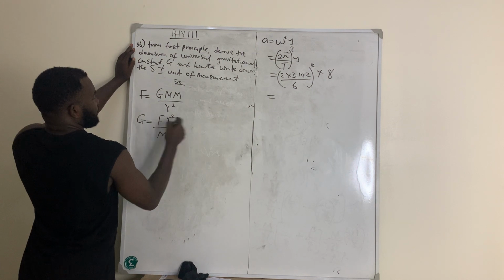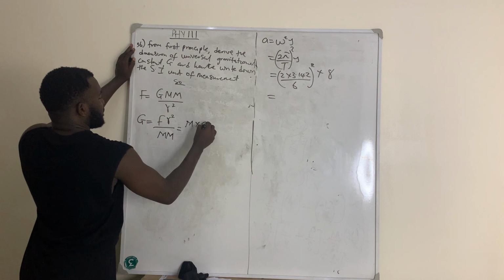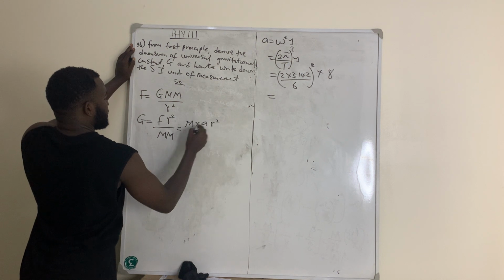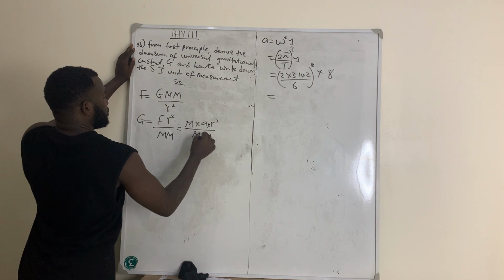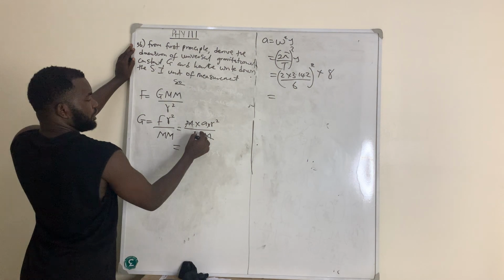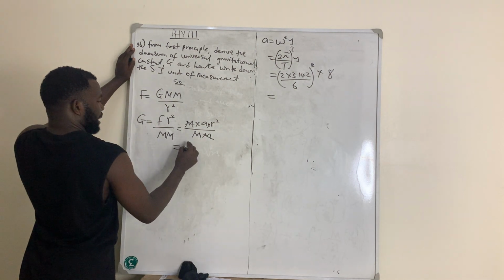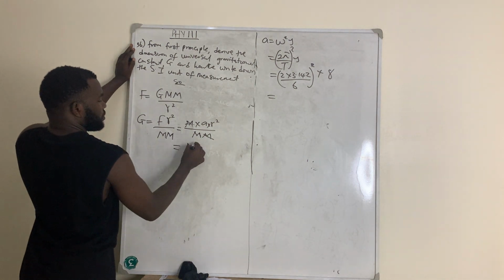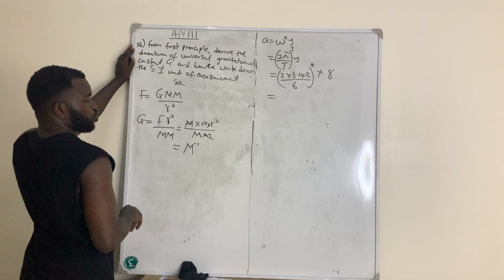Then I have that my force is still mass times acceleration, then my r squared all over M. So this takes care of this. I'm going to have that my kg, my mass is down. So because it's down, I'm going to put -1 because it's down.